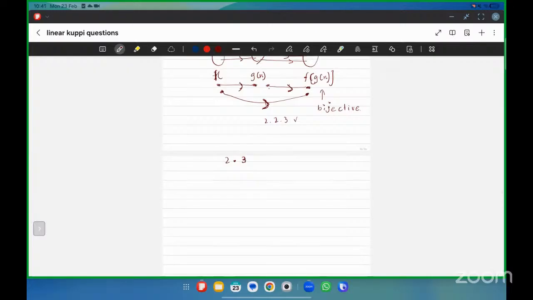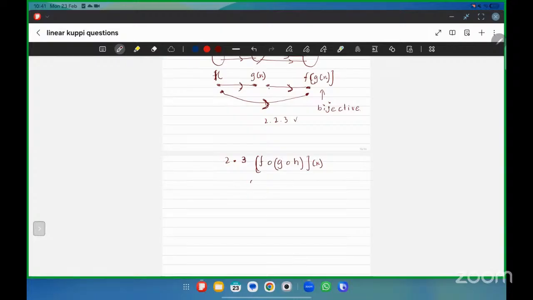And when we look at 2.3, we have to check that it's associative. So f, g, h of x. So we can write it like, so we have to think, can we shift the brackets or not?